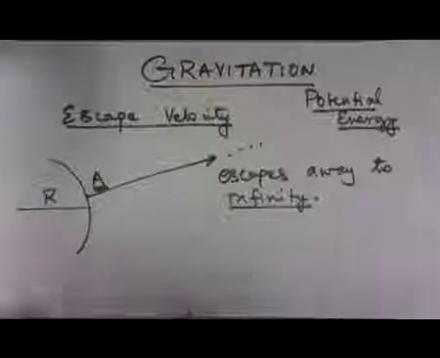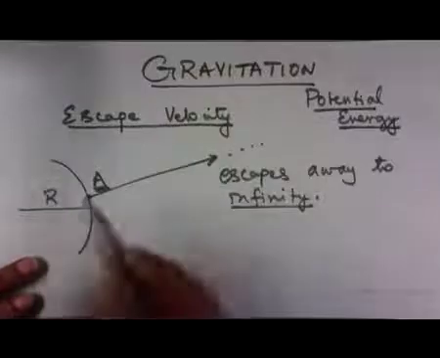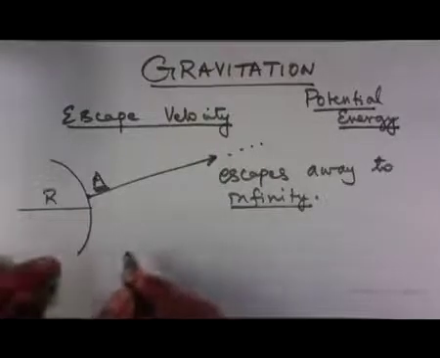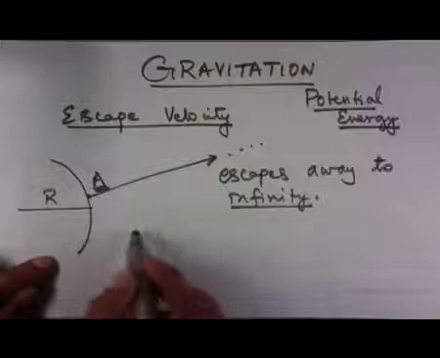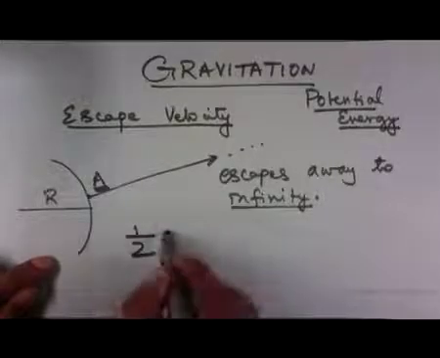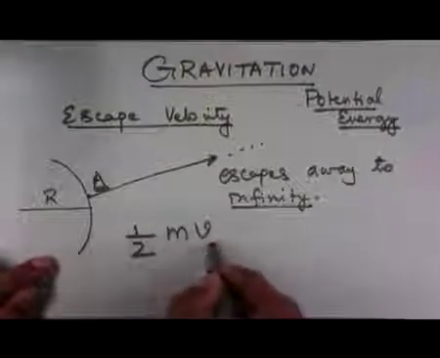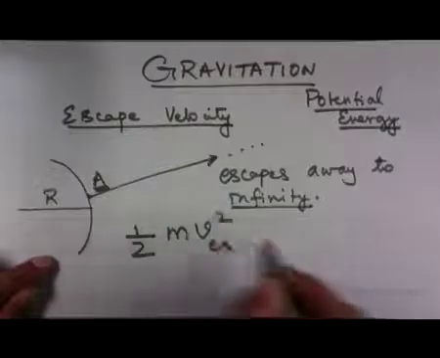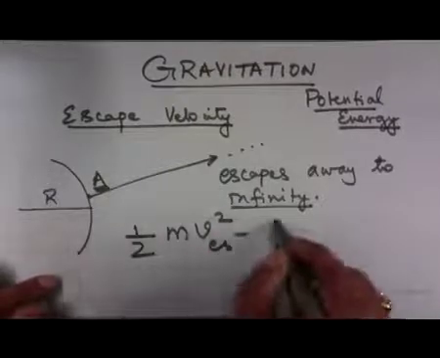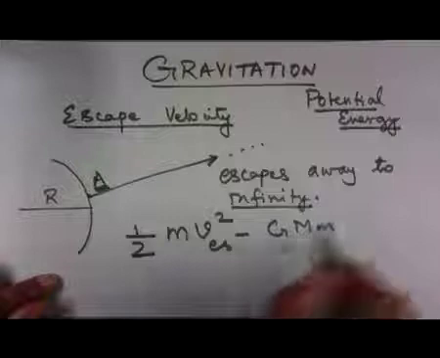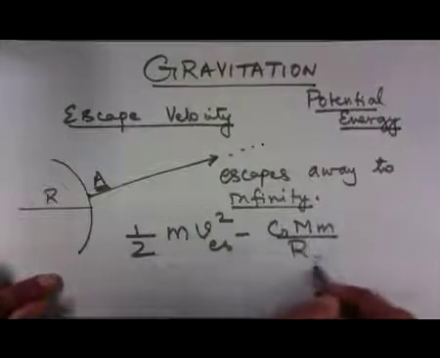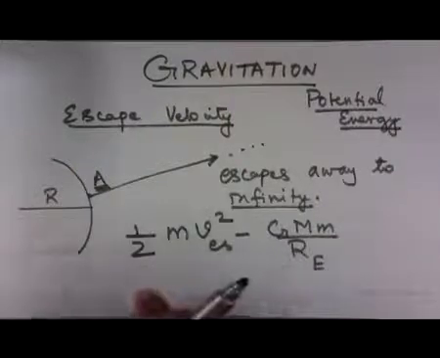So what we did was to look at the kinetic energy and potential energy at the surface. So we wrote half m v escape squared minus G M m by r_E, where r_E is the radius of the earth.